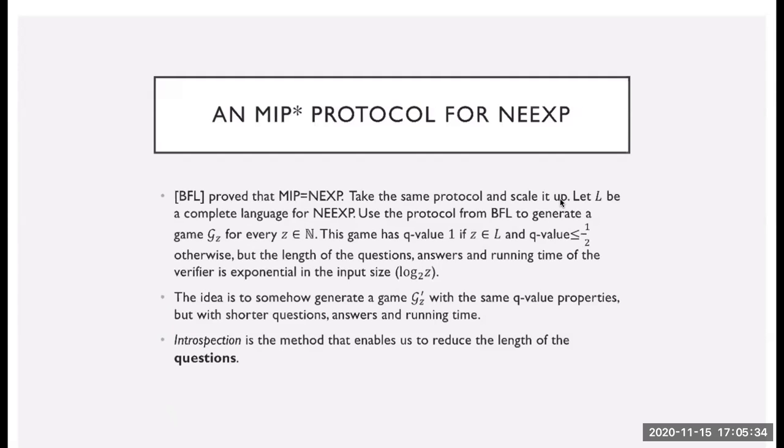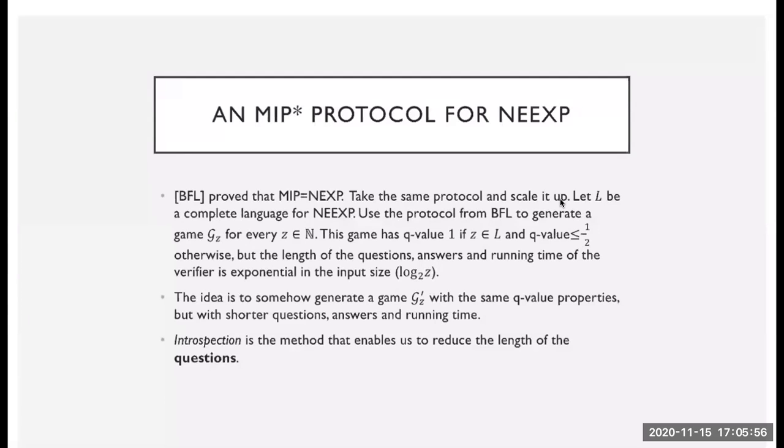NIXP is, for example, given a graph with a polynomial description, but where the graph is doubly exponentially large, deciding whether this graph is three-colorable or not. These are the kinds of questions that are in NIXP. And you can just use the protocol of BFL for these kinds of questions.